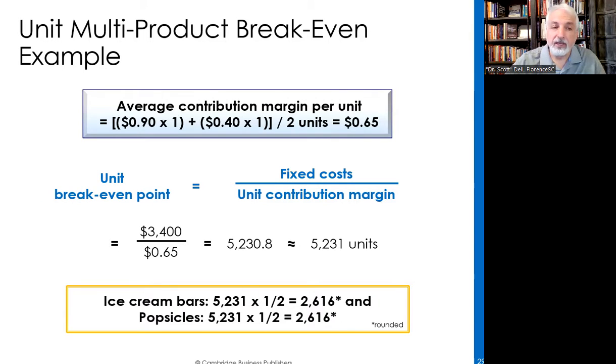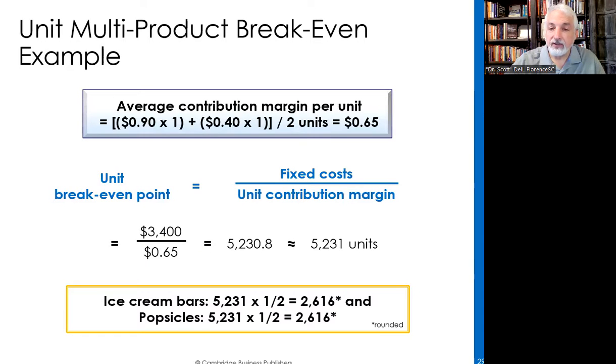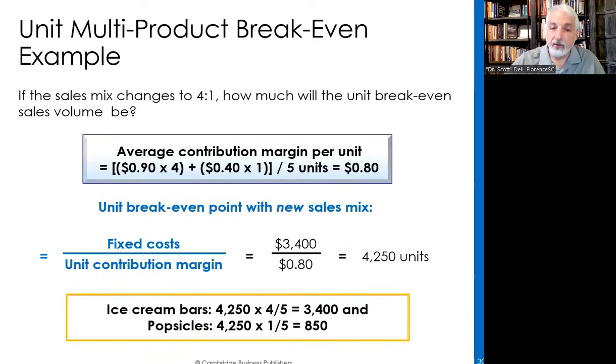When we went back here, we're looking at 5,000 unit sales of popsicles and 5,000 units of ice cream bars. If we had 6,000, 4,000, we'd have a 60-40 calculation that we'd have to make over here rather than a 50-50 at the end to find out what we needed to do. So if the sales mix changes to 4-1, let's look at that example.